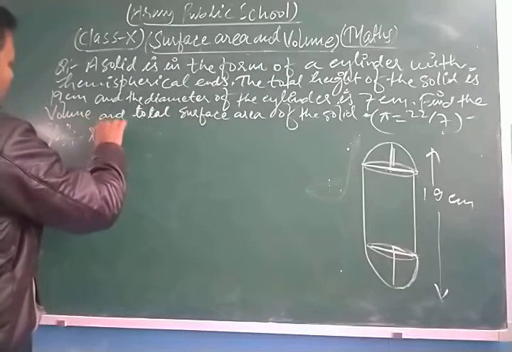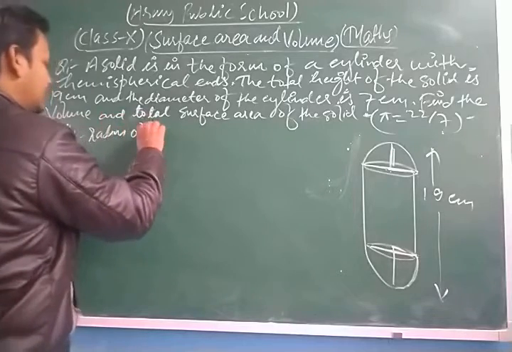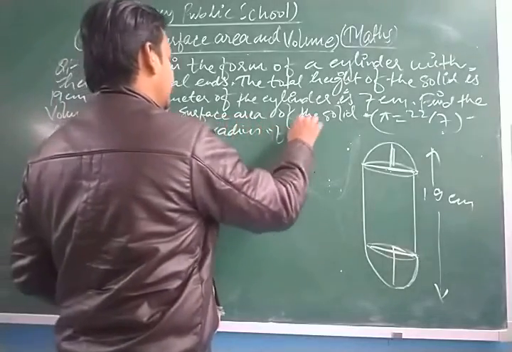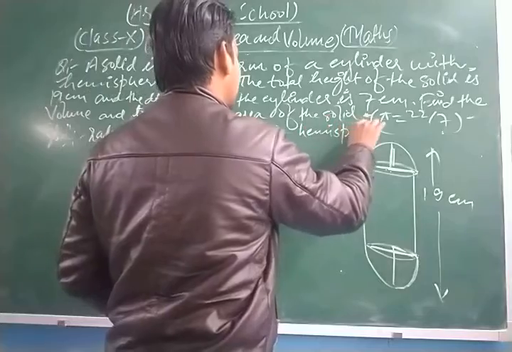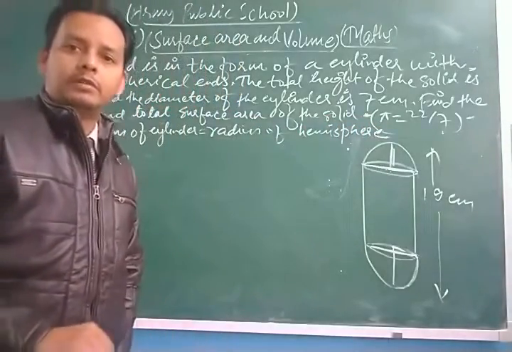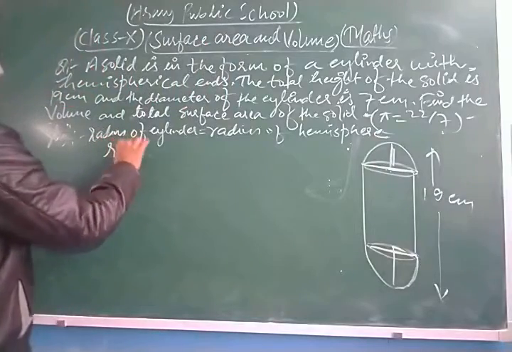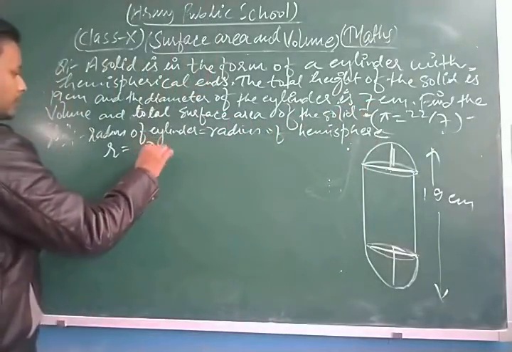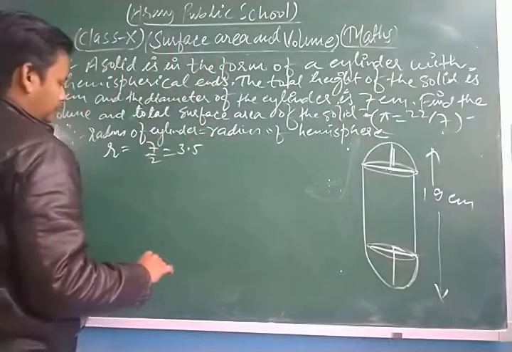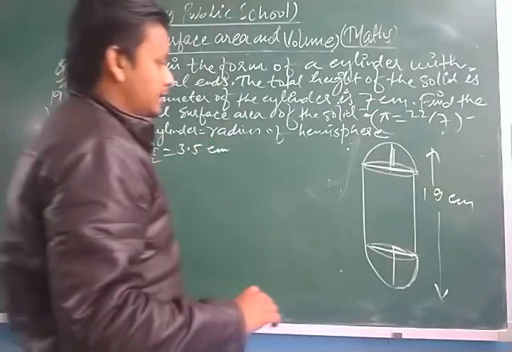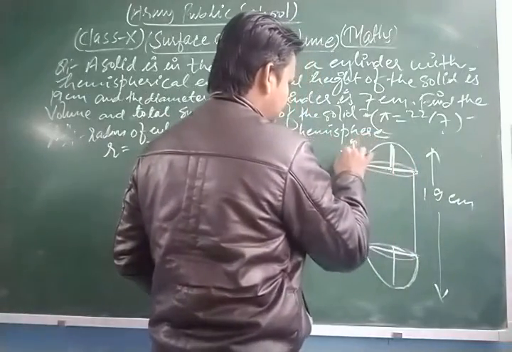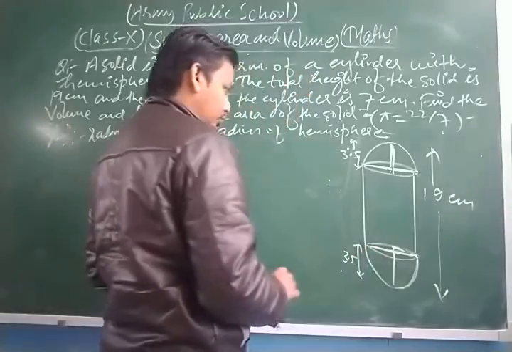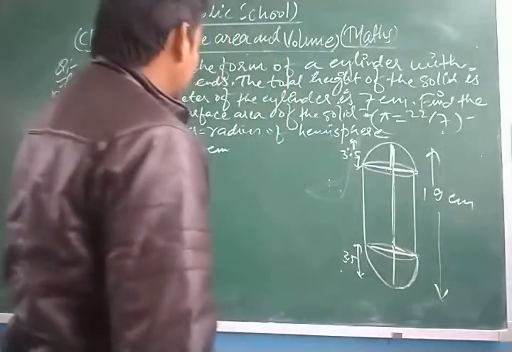So the radius of the cylinder is equal to the radius of the hemisphere. Here the diameter of the cylinder is 7 centimeter, so the radius is 7 by 2, that is 3.5 centimeter. This is 3.5, and this is also 3.5.